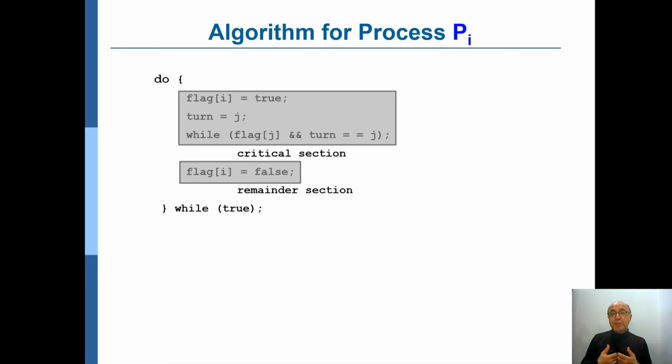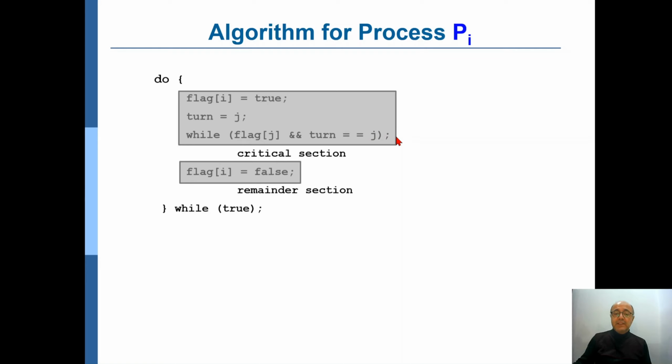So it gives the turn to P1 and then checks if P1's flag is up and also if it is P1's turn. If it's P1's turn and P1 wants to go into the critical section, definitely P0 should wait.